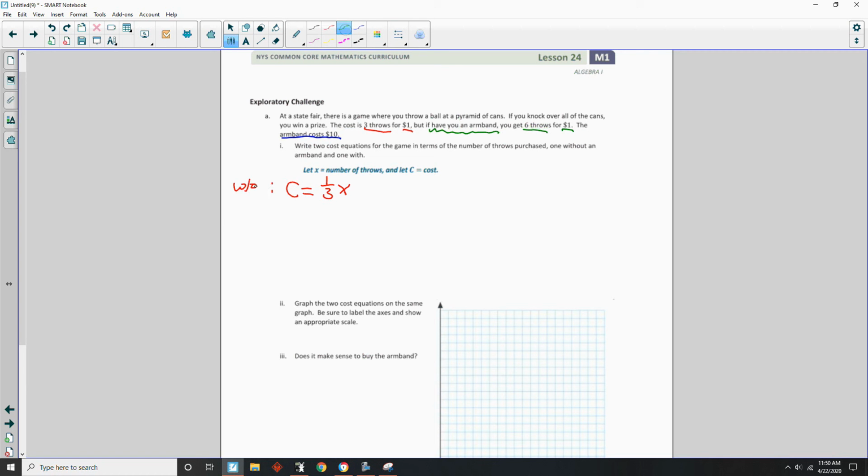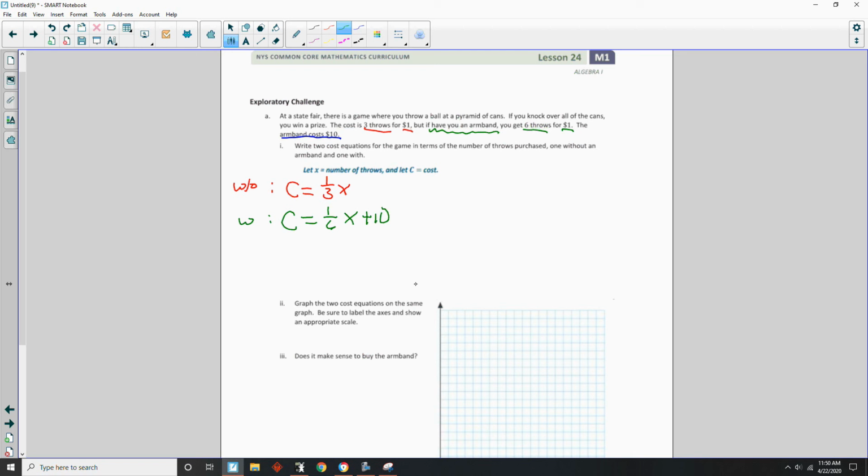And now I'm going to do with armband. So that's going to be C again. But in this case, think of it the same scenario as here: 1/6 times 6, which is our X in this case, is $1. So there's our 2 equations. But we also have to pay for the armband, and the armband costs $10.